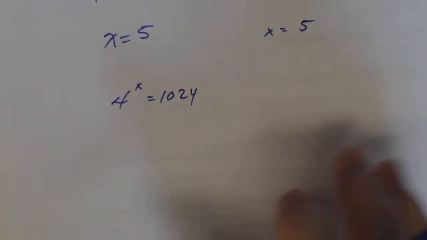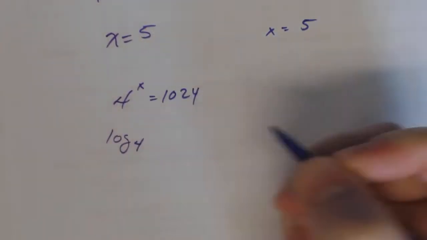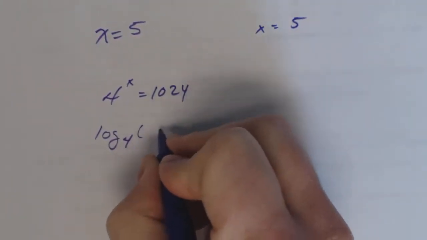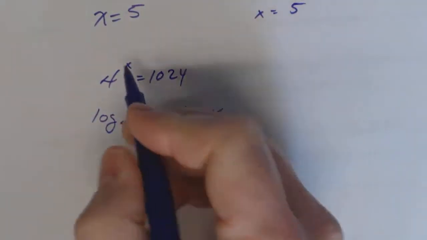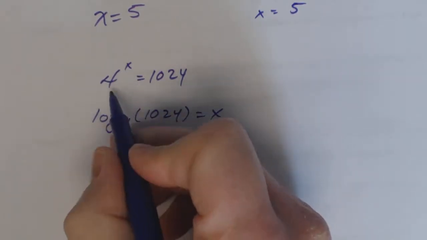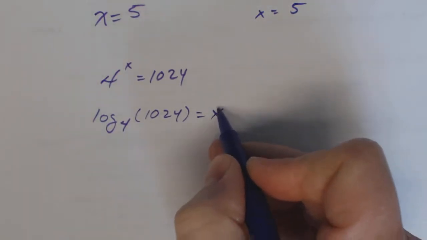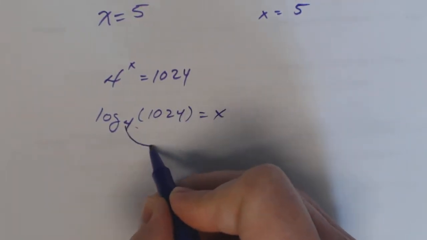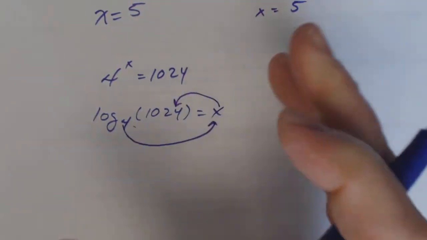So if I converted this to a logarithm, it'd be log base 4 of 1024 equals x. It's always this. This is your base, because it's log base 4. This to this power equals this. Little base to that power equals that. That's how you rewrite those.